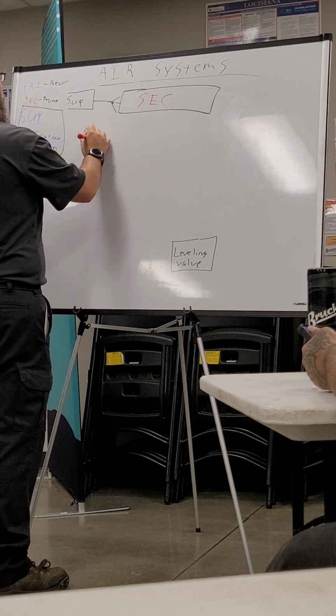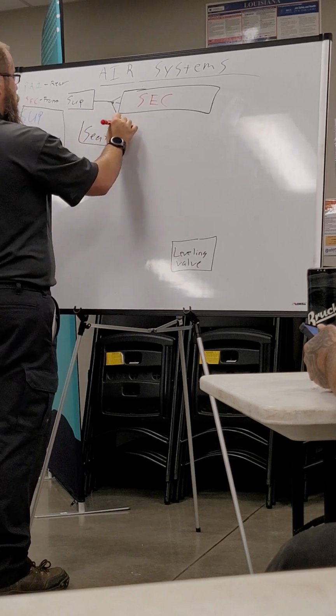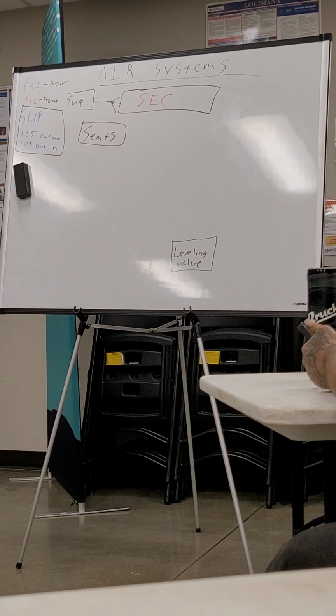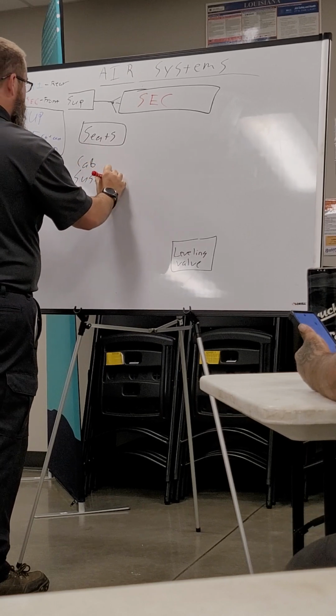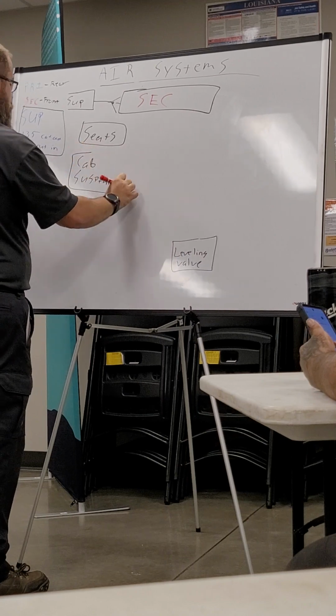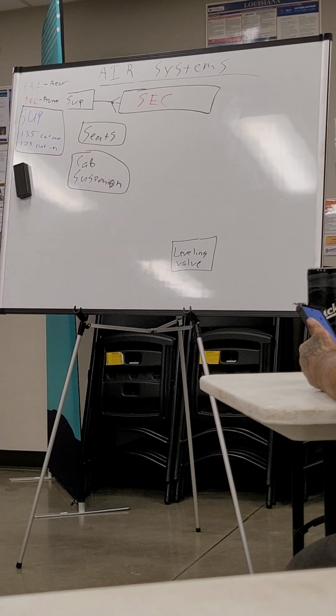Yeah, we've got seats. Cab suspension? Yes, good one. What else? Name anything with air on it. That's all I've got. I'll help you out.